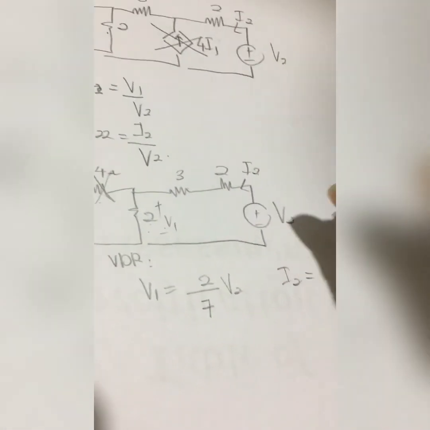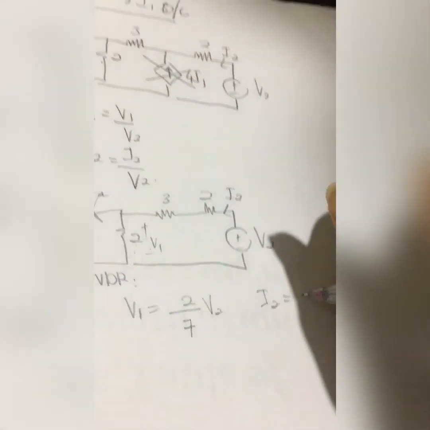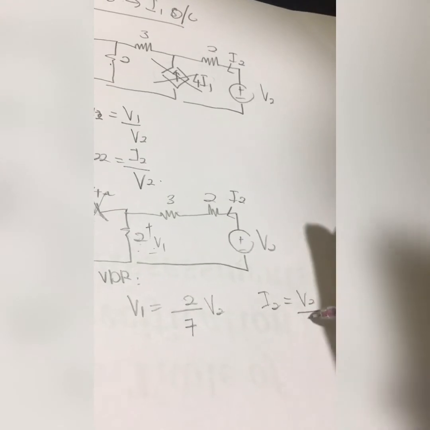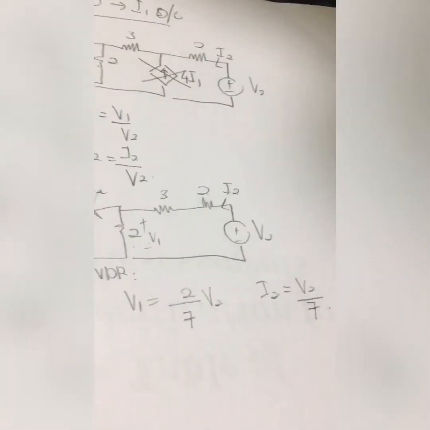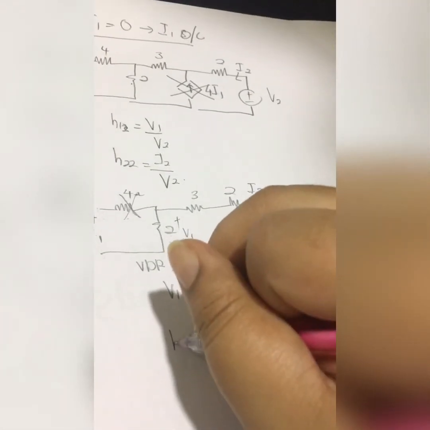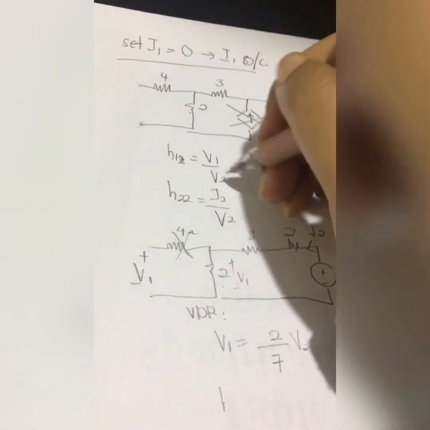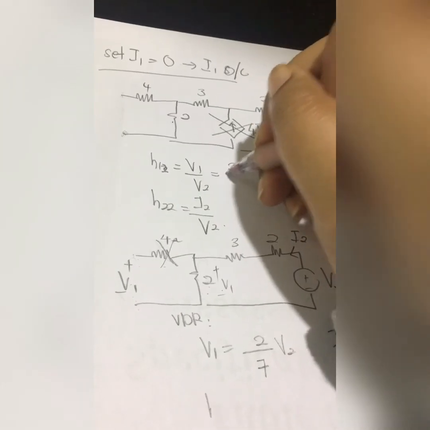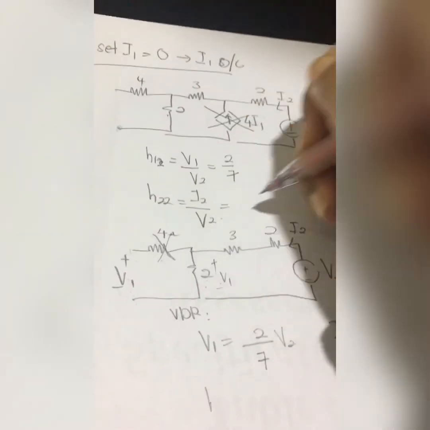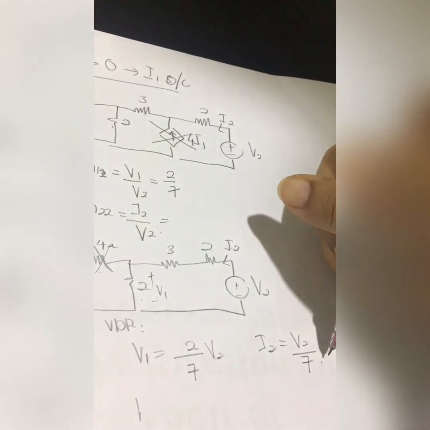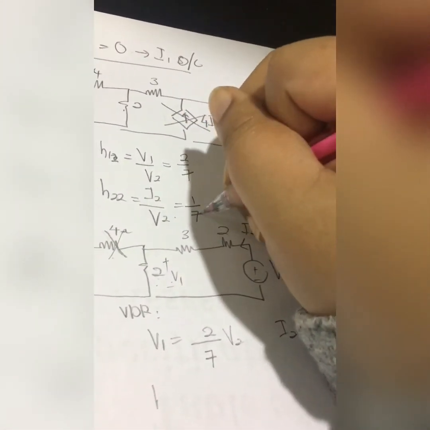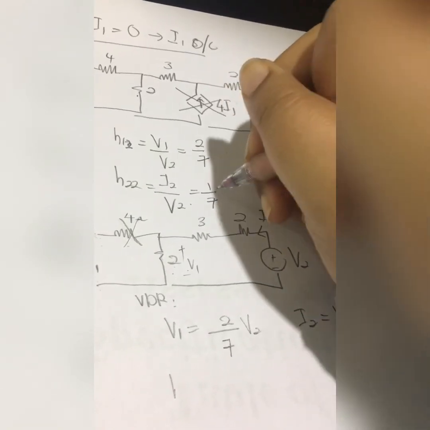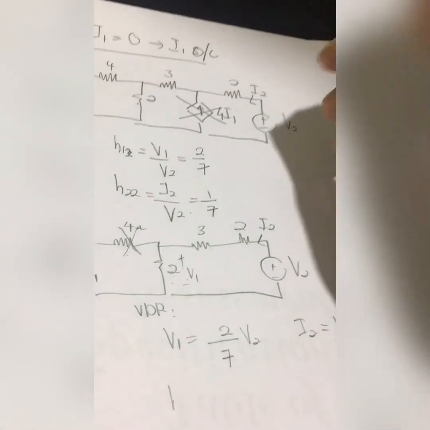So we can directly use Ohm's law, which is V2 divided by Z total. Z total for this case again is equal to 7. Then you can substitute in here. So H12 is equal to 2 over 7 and H22 is equal to 1/7. So the unit for H12 is no unit, and for H22 is mho.